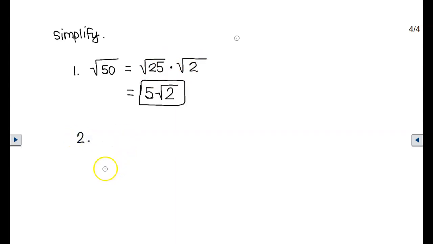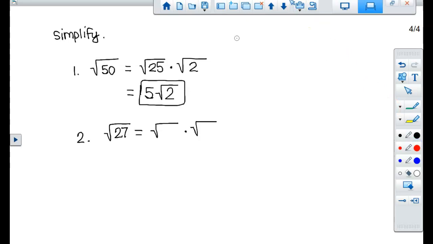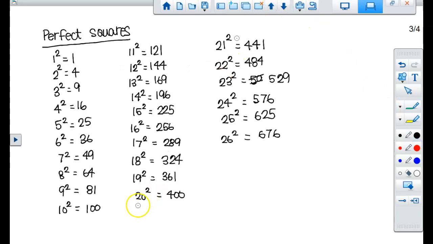All right, so now let's try the square root of 27. The square root of 27. That means what number times itself is 27. And there isn't an answer for that. So we're going to simplify this by splitting it into two square roots. So here is where I would go to my list. 27 would fall right here between 25 and 36.